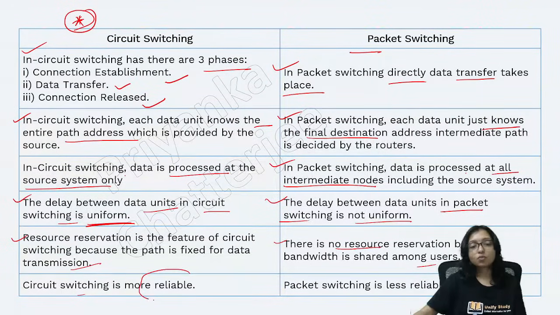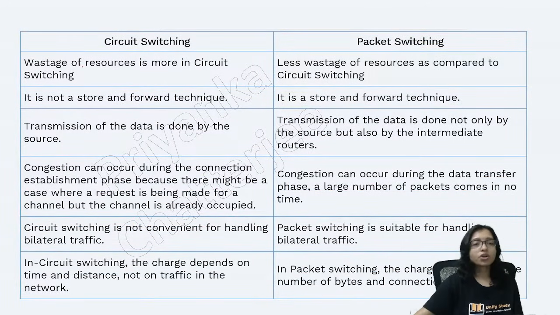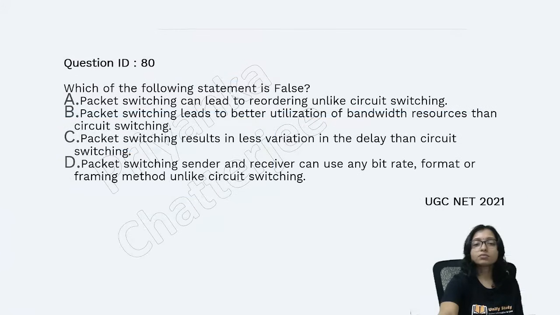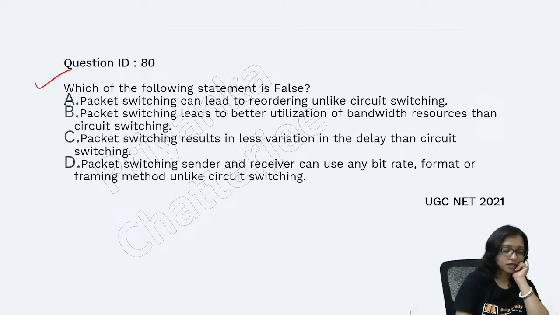Circuit switching is more reliable, but packet switching is less reliable. There are some more differences that you can go through between circuit switching and packet switching. Questions are coming from this area. You can see this question on circuit switching and packet switching.